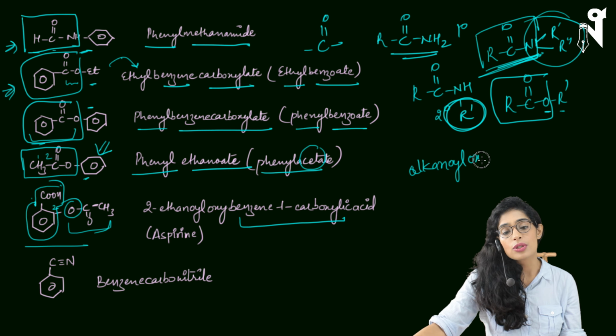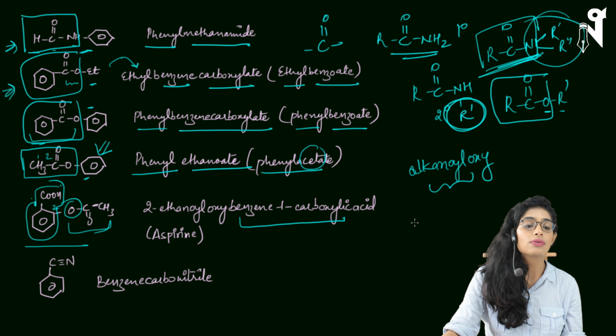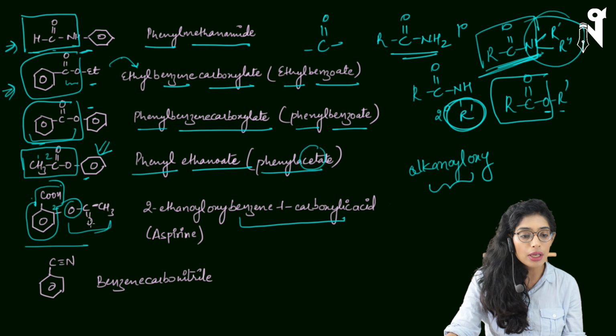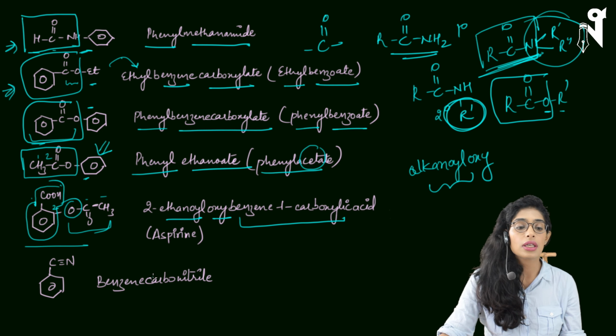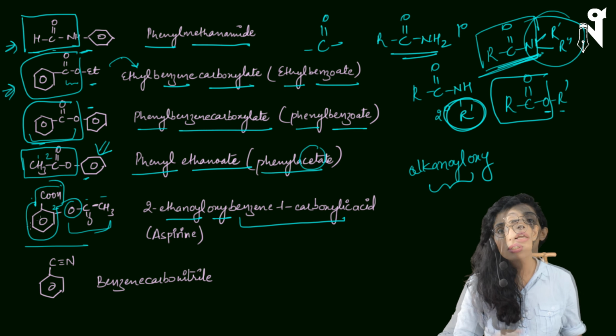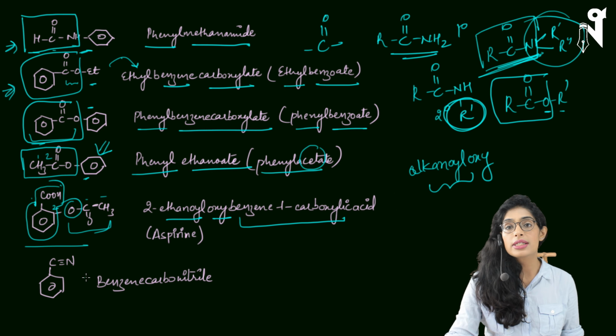This is the prefix we use, and how many carbons are there? Two. So ethanoyloxy is the branch name, or the prefix name for the ester. If it would have been connected to carbon, then the name would have been different. Then the name would have been alkoxycarbonyl.